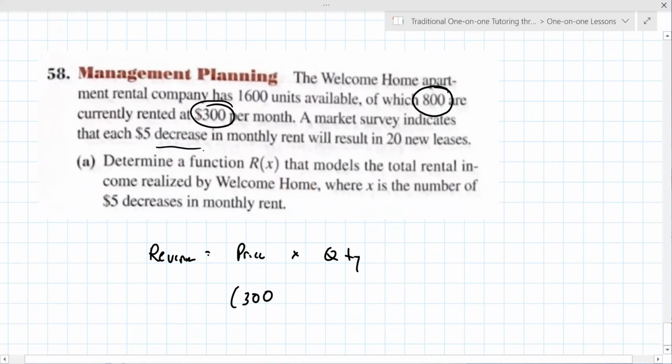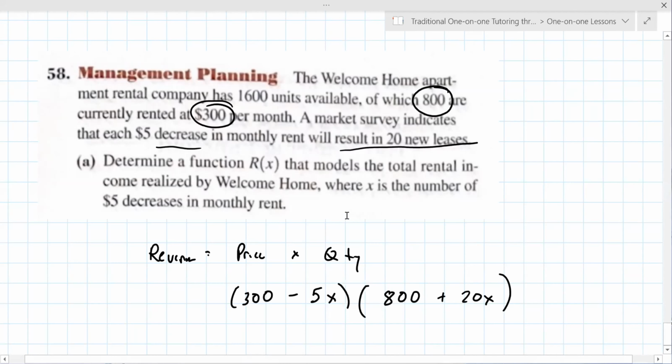Okay. Now, X is the number of $5 decreases in monthly rent. So minus 5X. The quantity is currently 800. And what do they expect will happen? Will it go up or down? It'll go up.